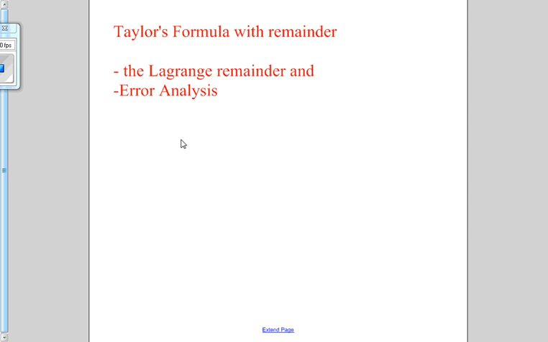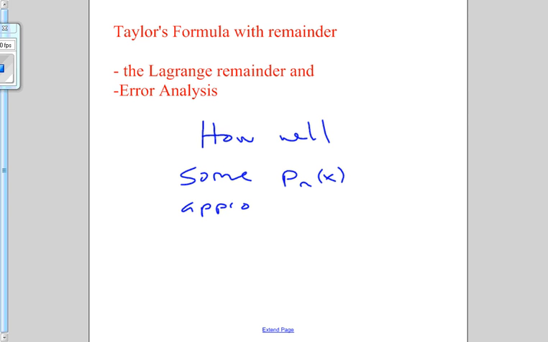So we are going to be looking at how well some p sub n of x approximation of f of x works.